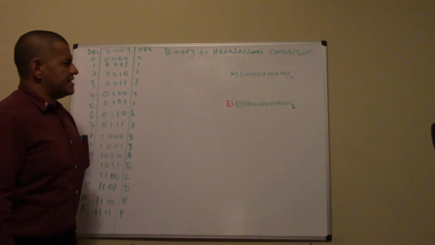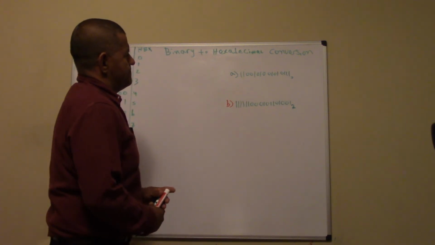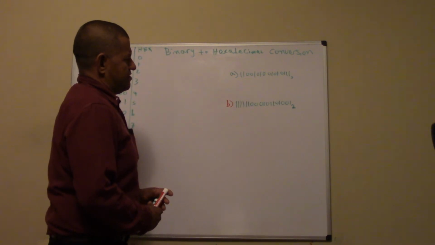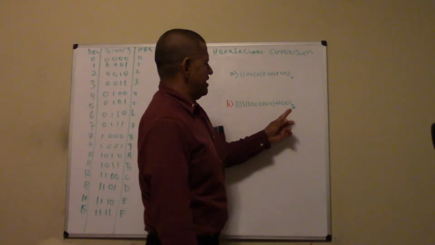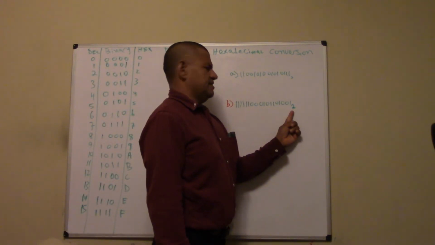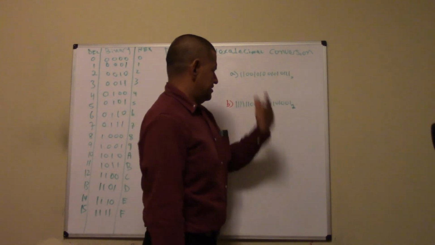We say that hexadecimal is base 16, right? So when we write the answer at the end, it's going to have a little 16 at the bottom. Like this one is base 2, so usually we put a 2 on it.